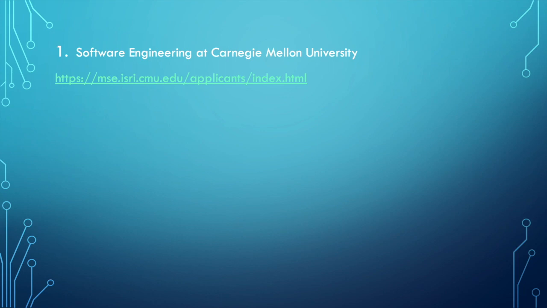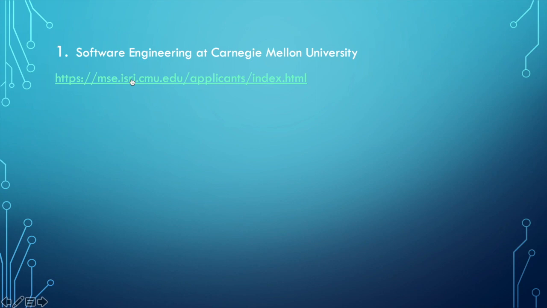To give you an idea of the study of software engineering, there is one program that I would refer to you, and this is software engineering at Carnegie Mellon University.